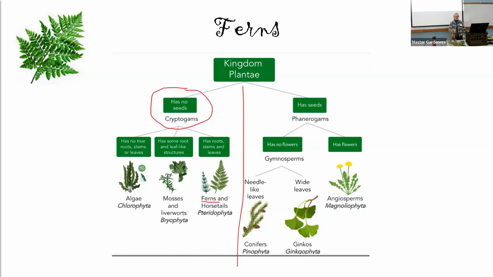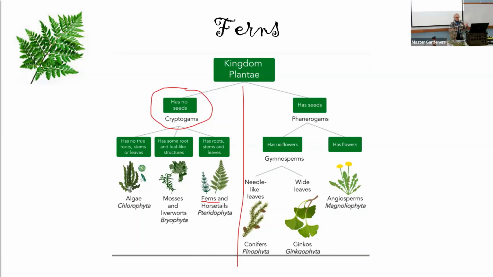Flowers came around, as Mary mentioned a little earlier, but the ferns and the plants that don't have seeds have been around 200 million years before the plants with the flowers and the seeds. That's why they rely on spores, because they hadn't evolved to that yet. I found that kind of cool.